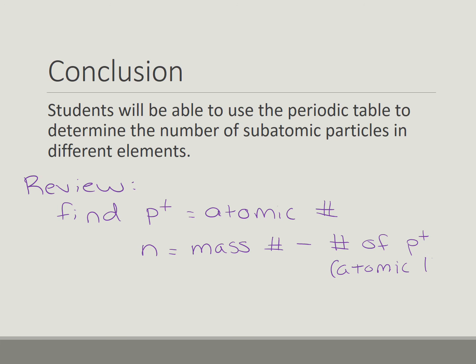And to find electrons, for a neutral atom, electrons equal the number of protons, which again is the atomic number. So this should help you with tomorrow's work and activity.